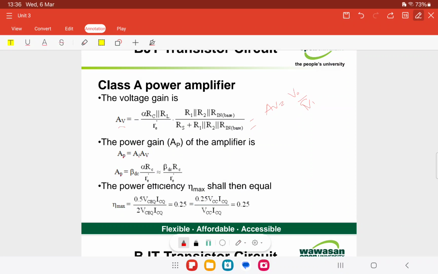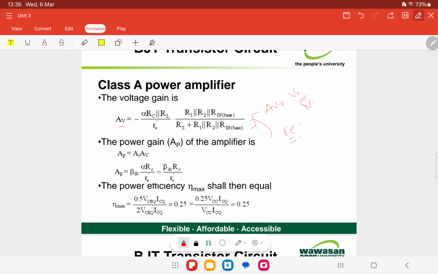The voltage gain of a class A amplifier is determined the same way as the small signal amplifier, with the exception of the formula used for AC emitter resistance, because small r e is not valid for a large signal amplifier. So we don't have the value for small r e inside this formula for voltage gain.